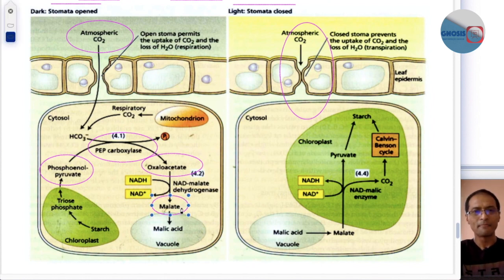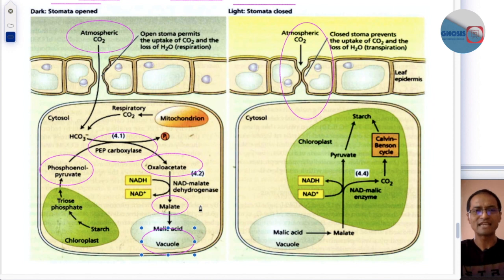At night, this malate is stored in the vacuole of the mesophyll cells, and the reason it is stored in the vacuole is because the plant will not utilize this malic acid at night.